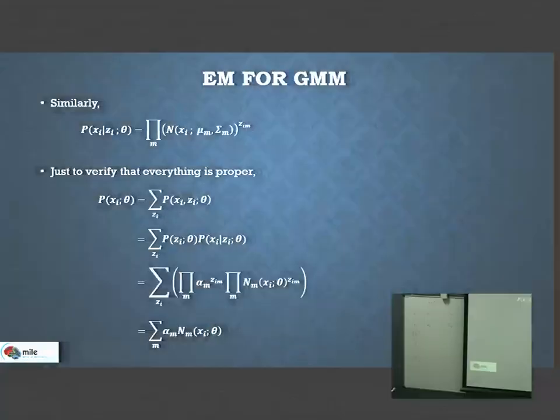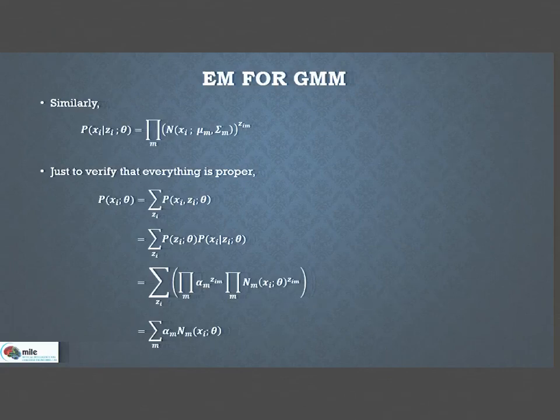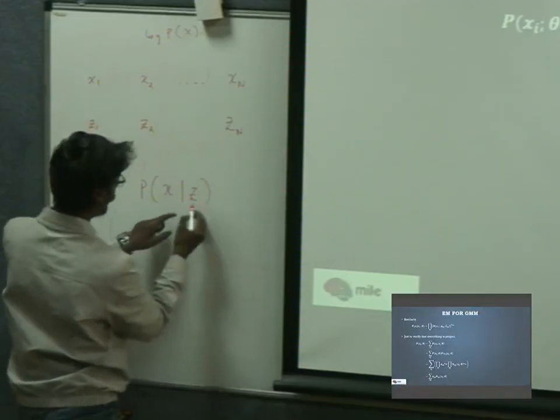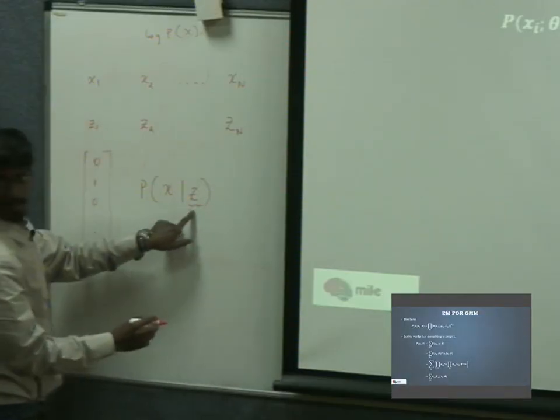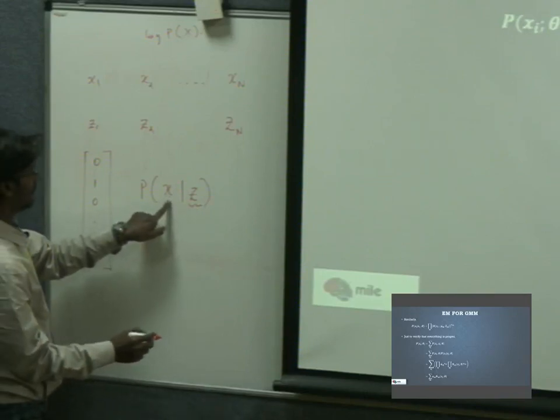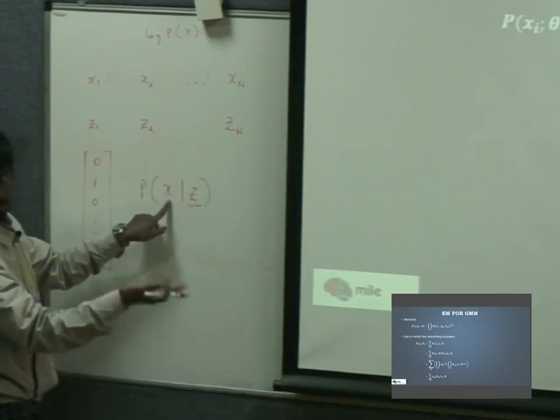Similarly, p of x given z is nothing but the normal density function that you have. Intuitively, you can view it as: I know from which mixture the vector came from, so what is the probability of the vector x coming from that mixture?